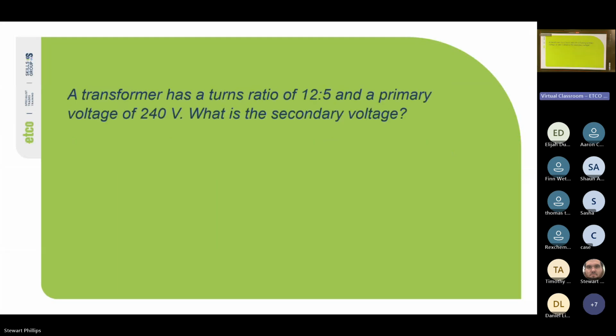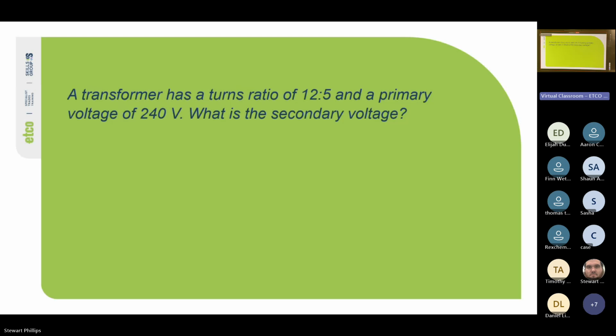Cool. So we have a transformer and it has a turns ratio of 12:5 and a primary voltage of 240.